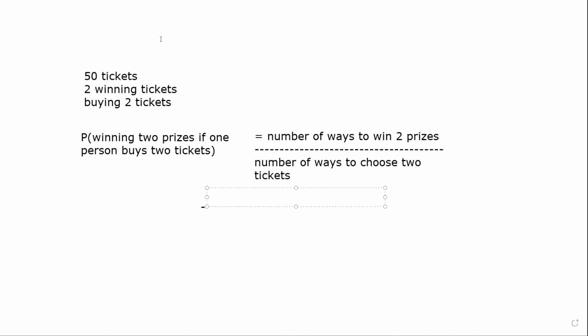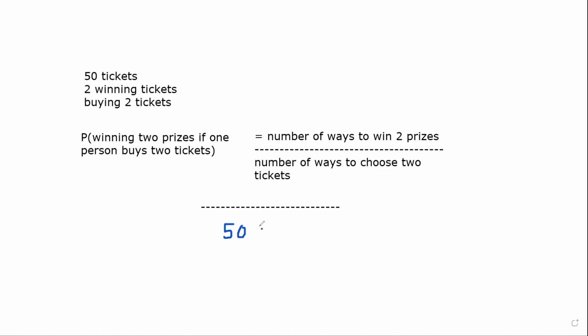Well, there's 50 tickets. Okay, so let's think about it like this. When we're looking at combinations, which we are, let's do the bottom first. How many tickets are there in the pool? There's 50, right? And how many are we going to choose? 2 of them. Yes. So the bottom is 50 choose 2.